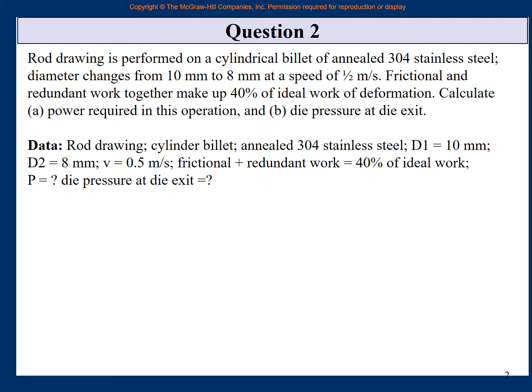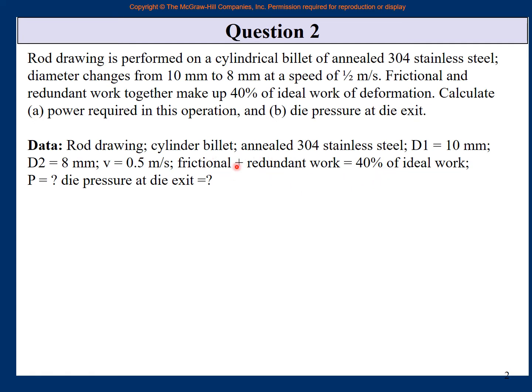Writing down the knowns and the unknowns always makes a very good plan for your solution. You want to find the power, but it is important that you see the total work will be ideal work, frictional work and redundant work. Ideal work, the equation is given.